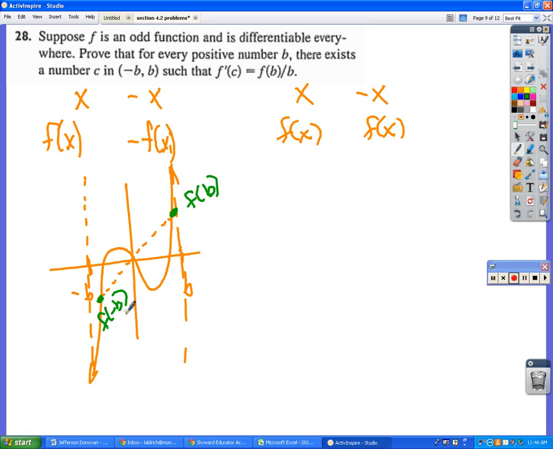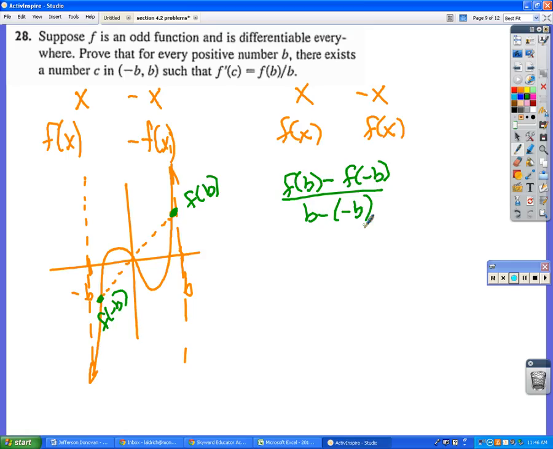Again, what the mean value theorem says is that somewhere in between these 2 points, there's a tangent line to the curve that has the same slope, okay? In other words, if we write that out mathematically, the slope of this tangent line would be f of b minus f of negative b divided by b minus negative b, okay?